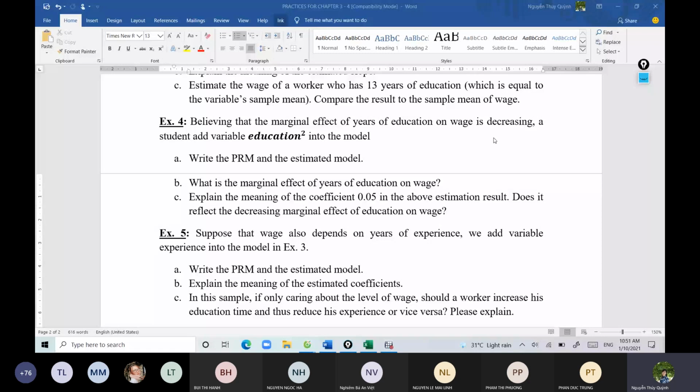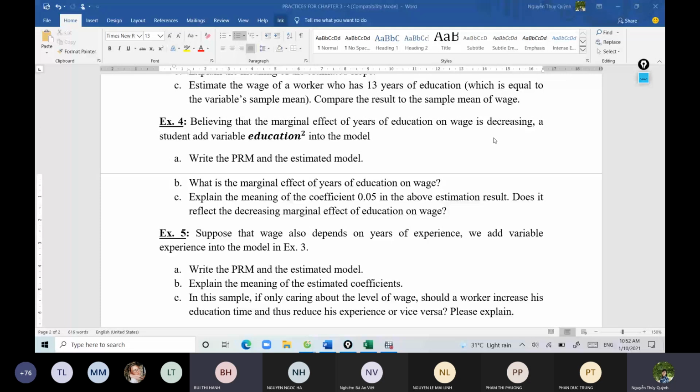Theo các bạn ạ, ở đây thì với việc cái estimated coefficient here is a positive number like this, đúng không ạ? Thì nó có suggest cái việc là cái marginal effect của education on wage là decreasing hay không ạ? Không ạ.